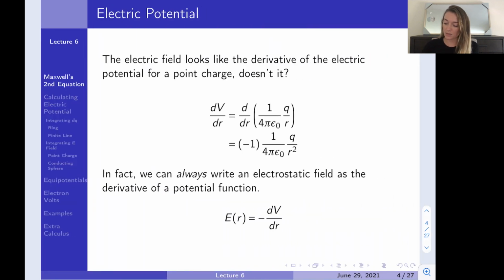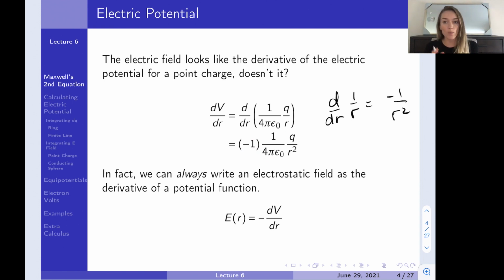So if I take the derivative of my potential, and remember my variable is r here, the derivative of 1 over r is negative 1 over r squared. So if I take the derivative of the potential of a point charge, I get negative times the electric field of that point charge.